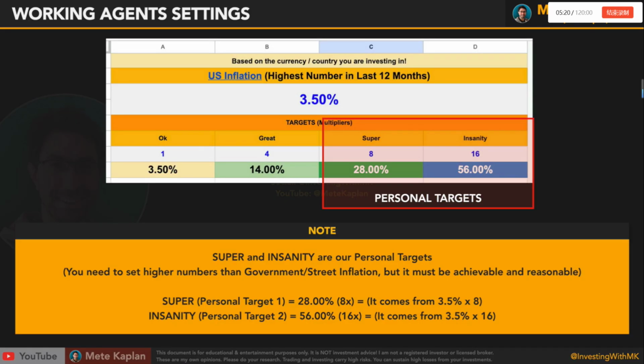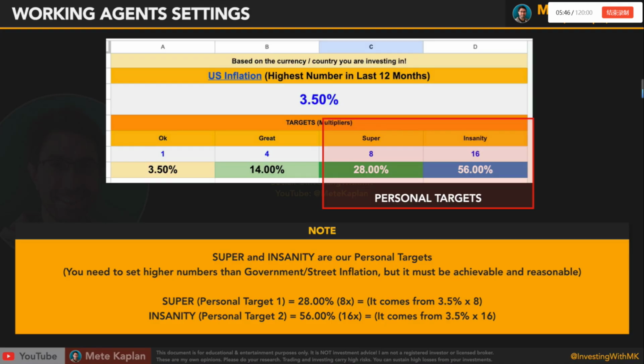There's no rule here. I personally think making like 8 or 16 times more than the bare minimum government inflation is a good way to start. This is why I typed the numbers 8 and 16 here. If my agents can achieve these numbers, I will get richer and richer every year, wealthier with increased buying power.